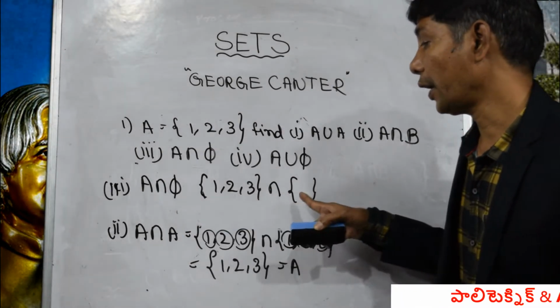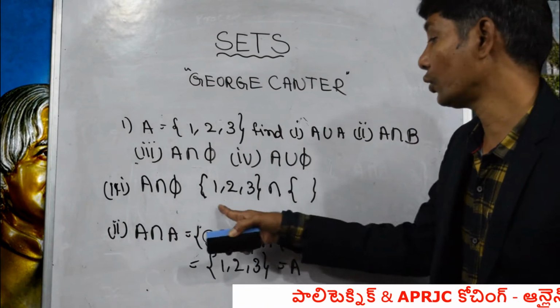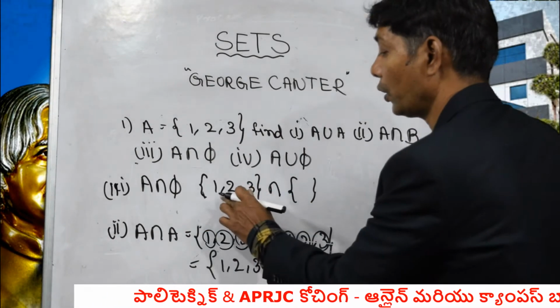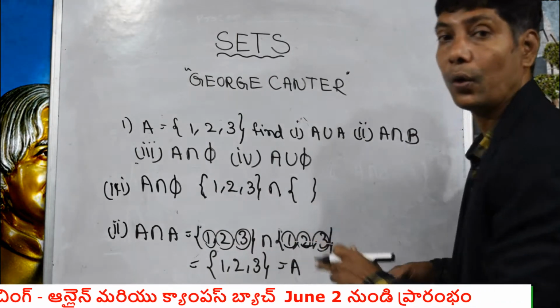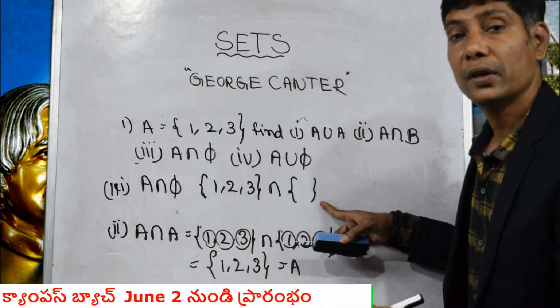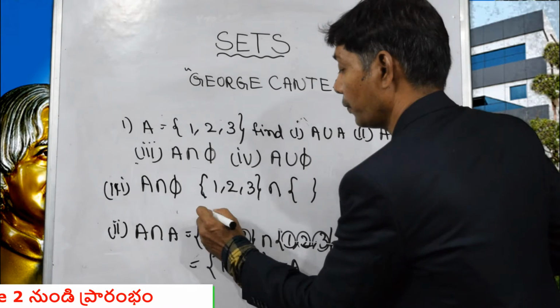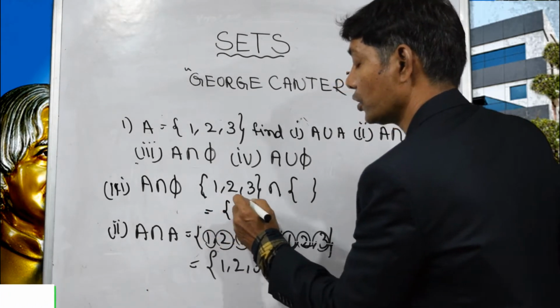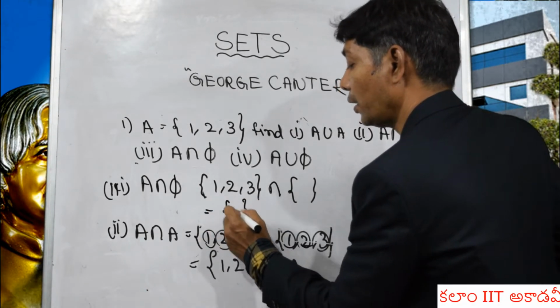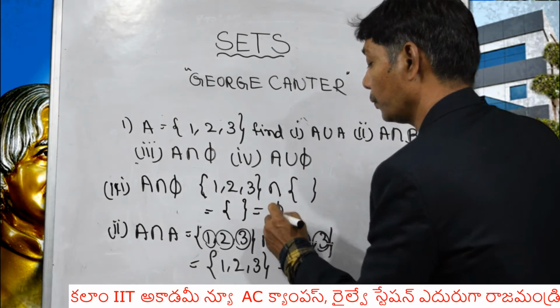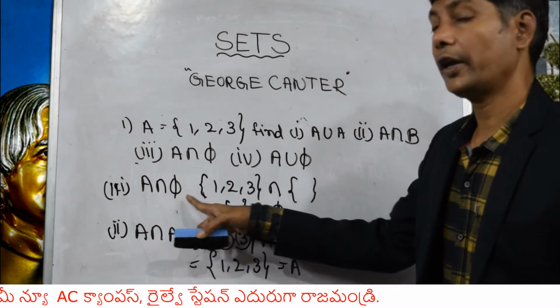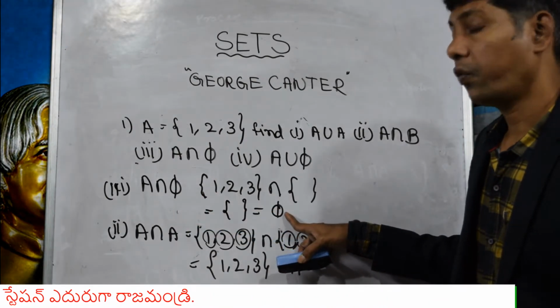Here you have to take common elements of both the sets. 1, 2, 3 elements are present in the first set and no element is present in the second set. That's why there are no common elements, so you can write the empty set. A intersection phi means phi.